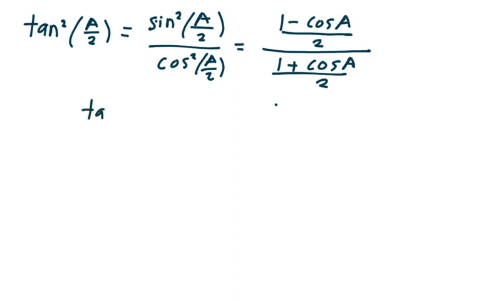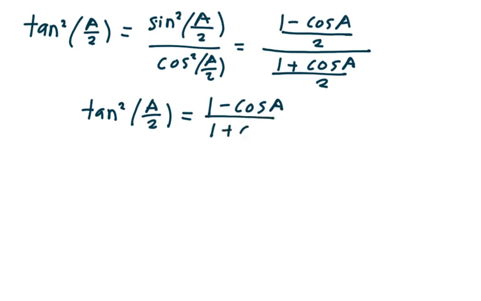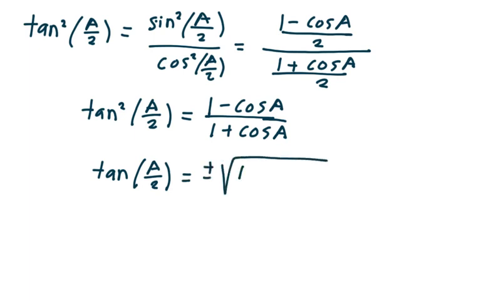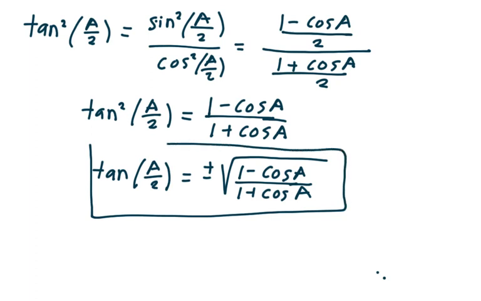And so tangent squared of A over 2 is (1 minus cosine A) divided by (1 plus cosine A). And so tangent of A over 2 is plus or minus the square root of (1 minus cosine A) divided by (1 plus cosine A). And that's the half-angle formula for tangent.